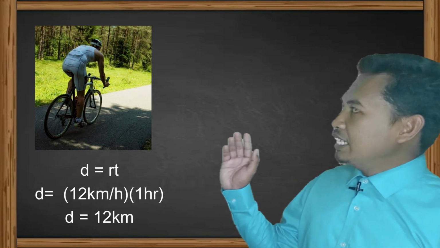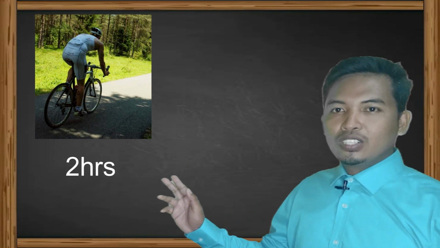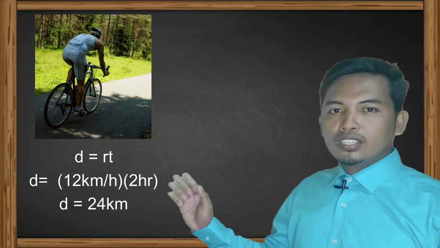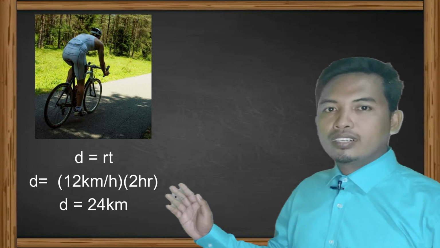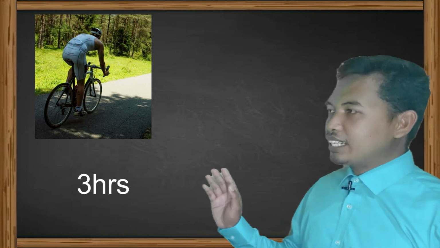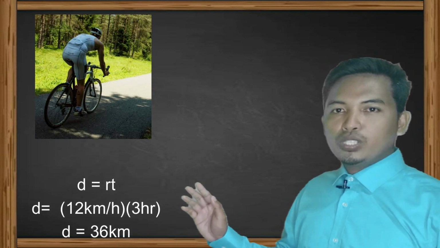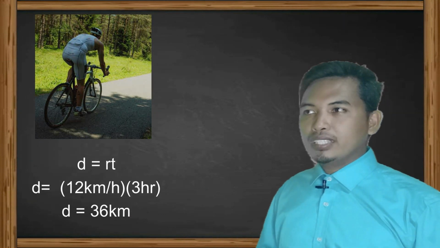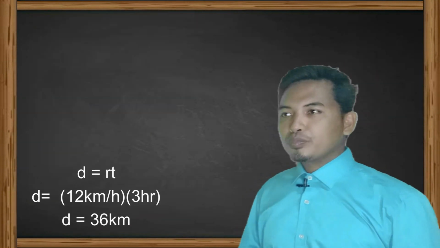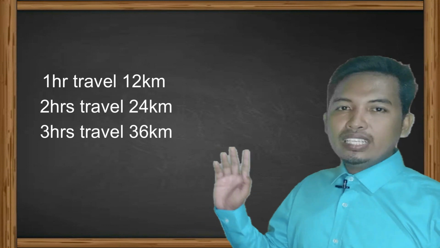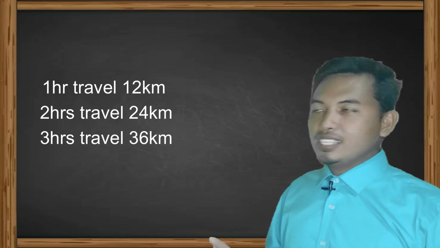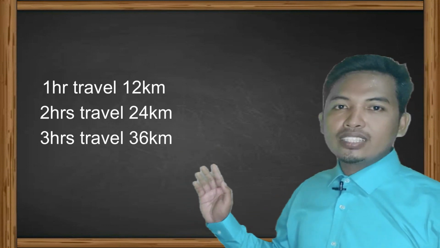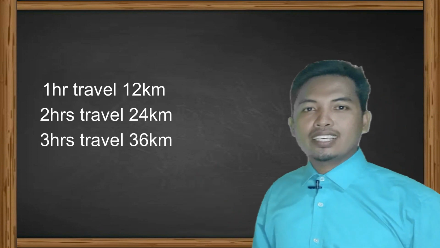And then, kapag siya tumakbo ng 2 hours, so tatakbo siya ng 24 km. And then, pag tumakbo siya within 3 hours, so bali tatakbo siya ng 36 km. So, anong pinakikita dito? So, kung titingnan natin, while the one quantity increases, the other quantity also increases.